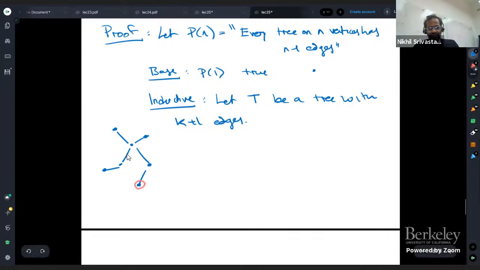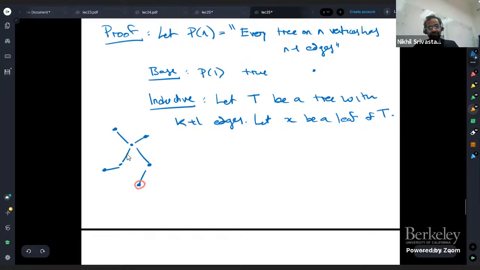So let X be a leaf of T, or let's give it a name. Let's call it V. And let T prime be the tree obtained by deleting V. Now T prime doesn't have any cycles because I didn't add any edges.